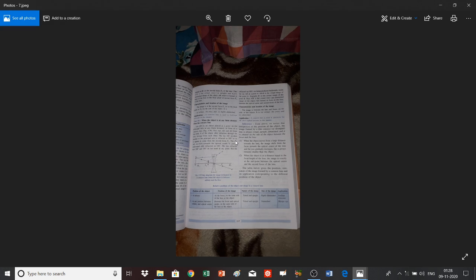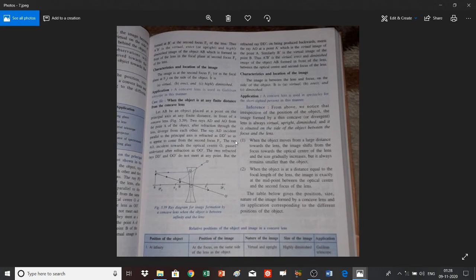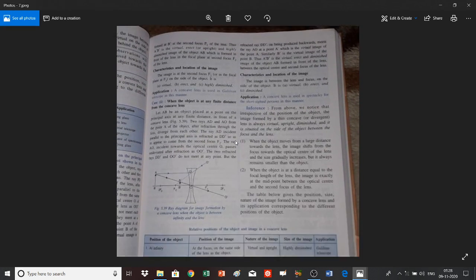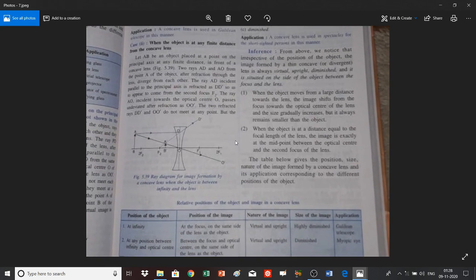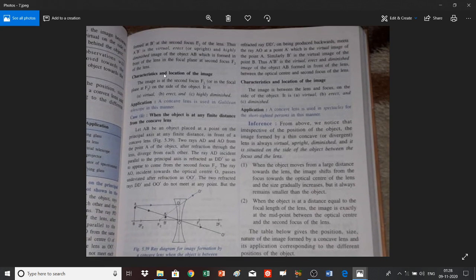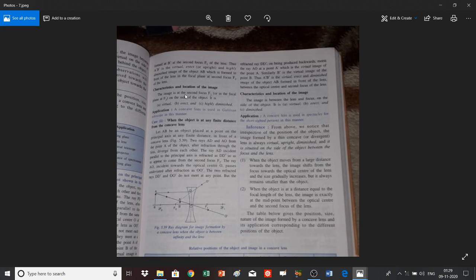Here is the next one. All things are written here, what I have discussed previously. Now characteristics and location of the image. Number one, the image is at the second focal point f2. Okay, and it is virtual, obviously erect, and highly diminished.